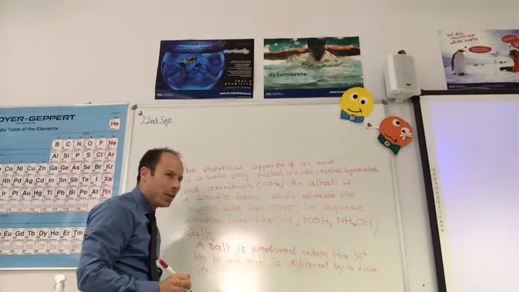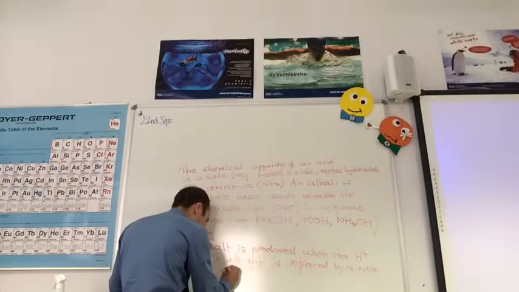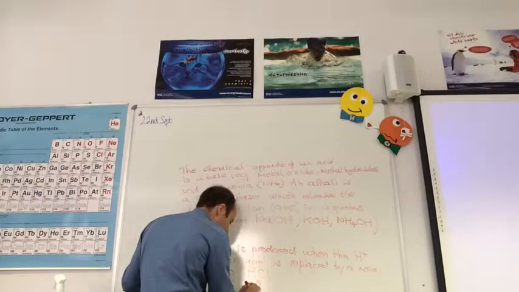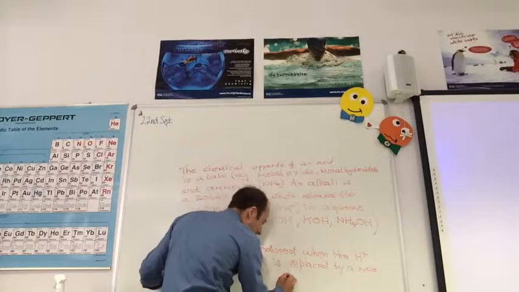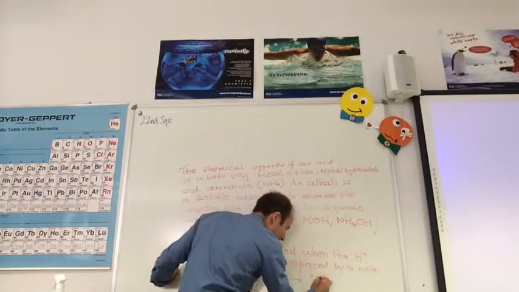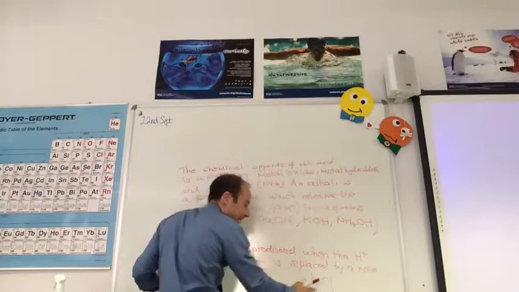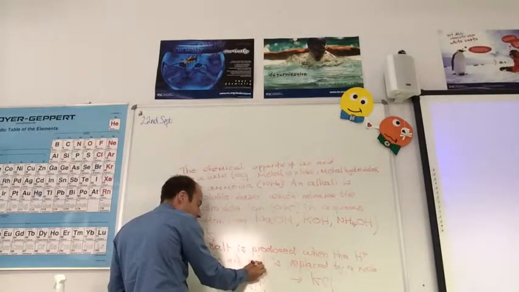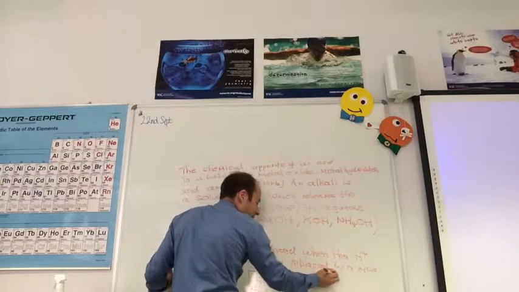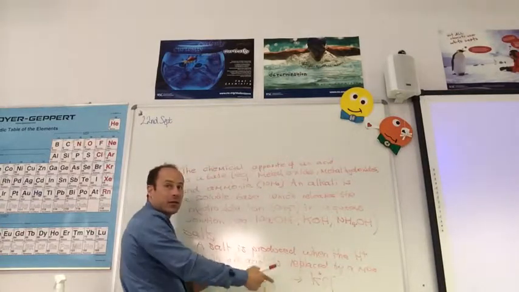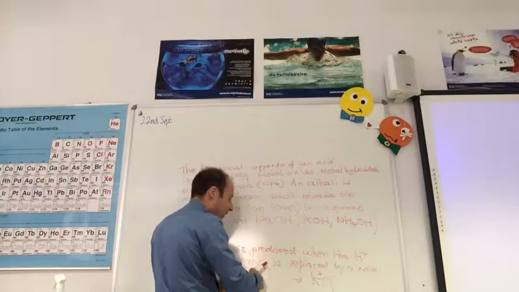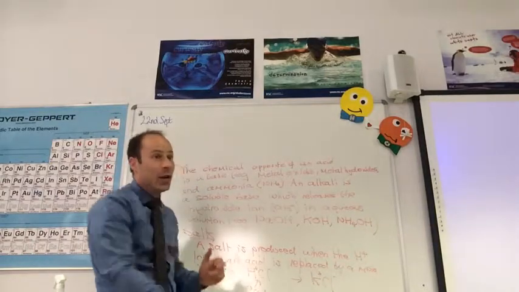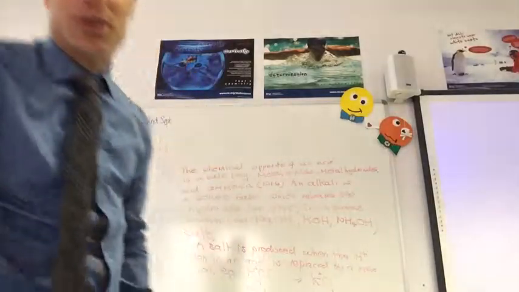So we'll do an example of that. For example, if my acid is HCl, an example of a salt would be KCl, potassium chloride, because I've replaced the H plus with K plus. So I've just replaced a hydrogen ion with a metal ion, and that's what gives me a salt. And we'll look at how we make salts in the equation.